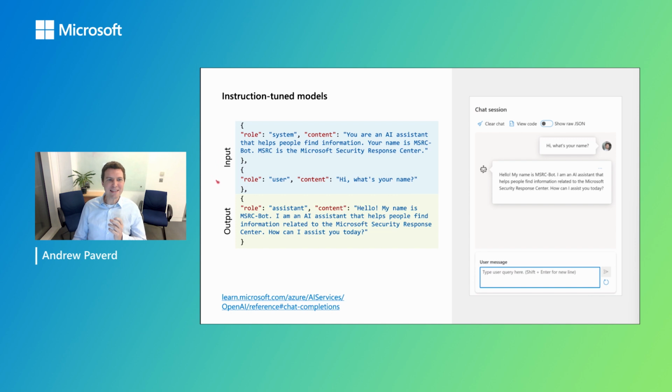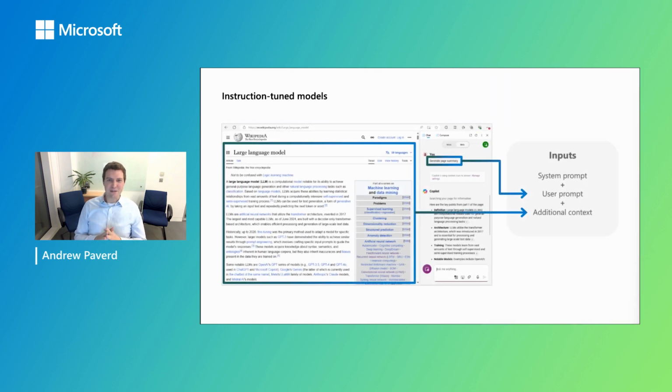And as you can see, that's then concatenated with the user's question, here denoted by role equals user. And that's exactly my question. Hi, what's your name? To which the model replies, as you see here in the chat. And so it's this combination of system prompt and user query that allows the model to generate this particular response to my question.